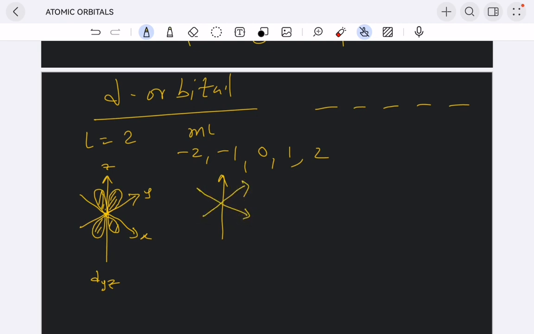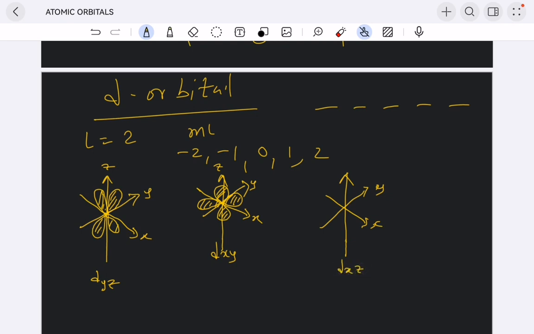Then z, y, x, we have the dxy. So the dxy is going to be along this and then here. Then y, x, we have what we call the dxz.